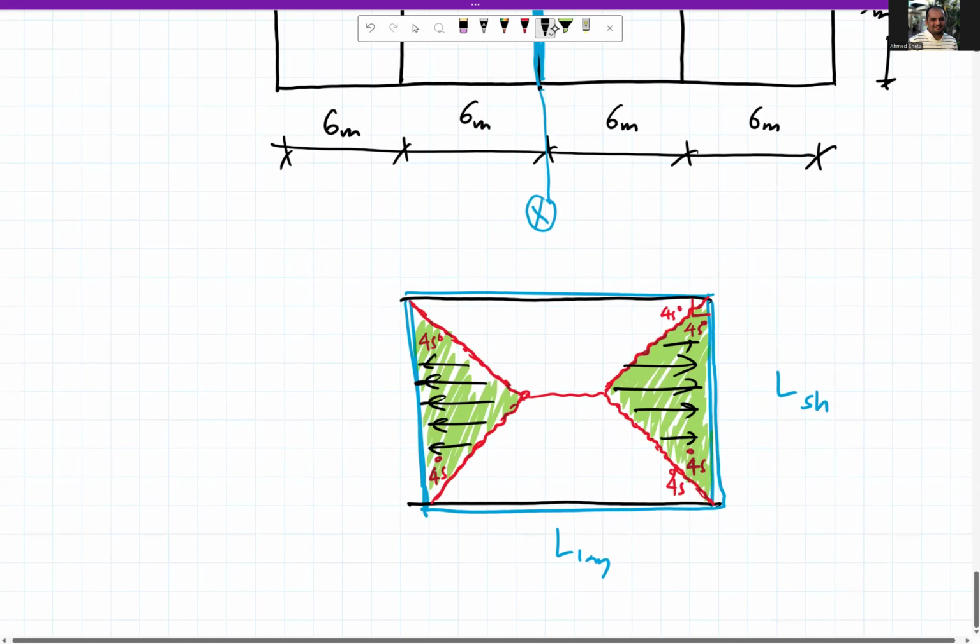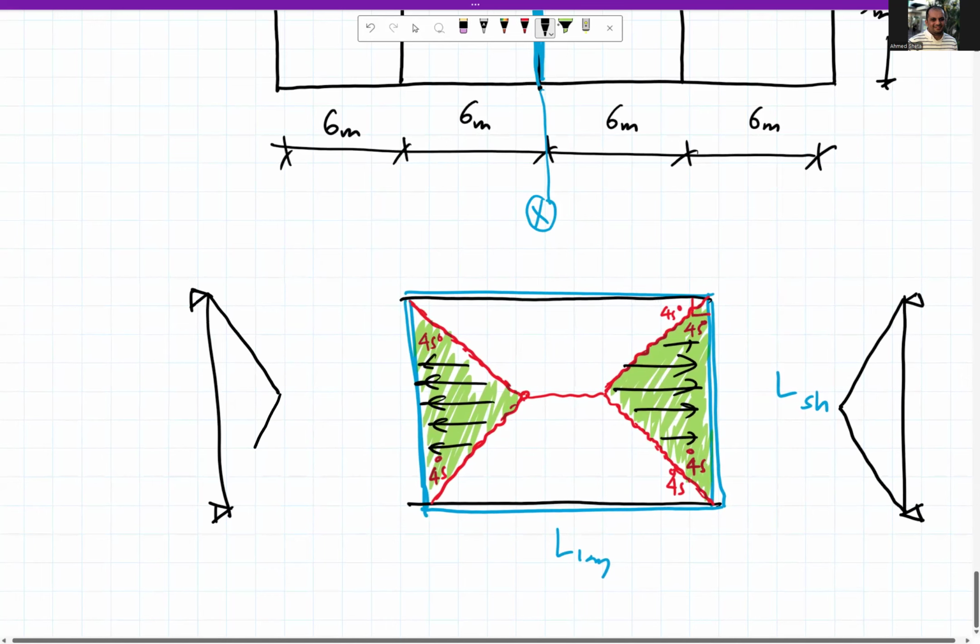So this beam here will take this triangle from the slab, and this beam here will take the same triangle from the slab. So the angle is 45, 45, 45.